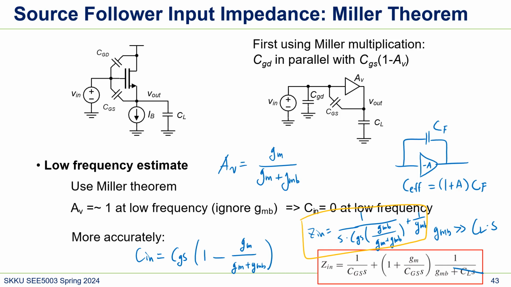So the CGS is here, and they're actually similar, so Cin, which is predicted by Miller theorem, has the same value as the full calculation. Well, there's 1 over GMB, but that's not shown in Miller effect. But the point is, we can predict the impedance using Miller theorem with some accuracy.